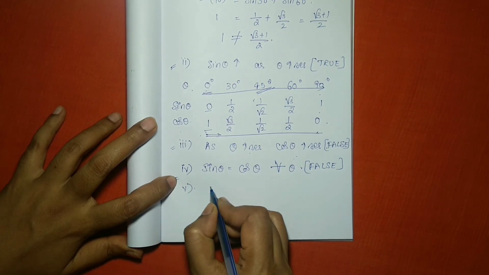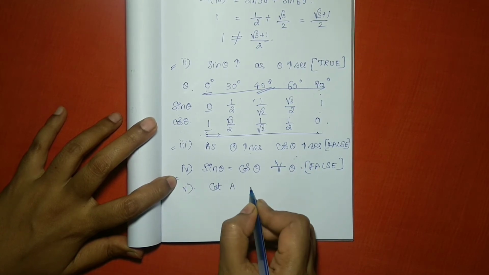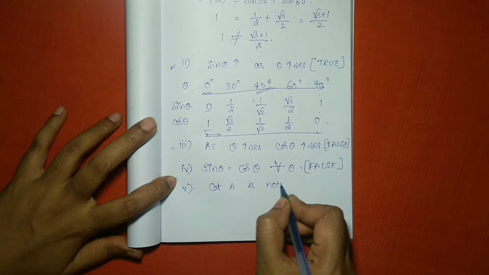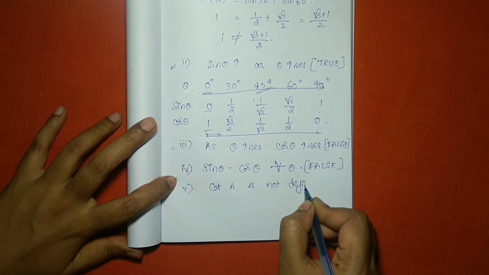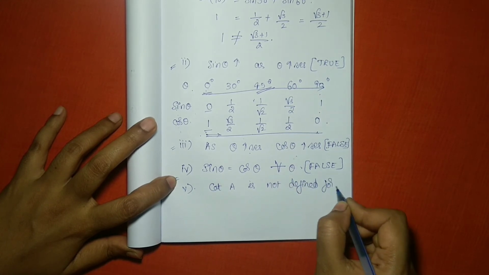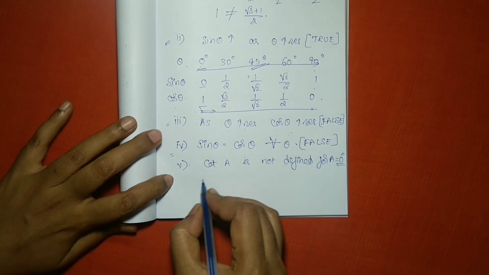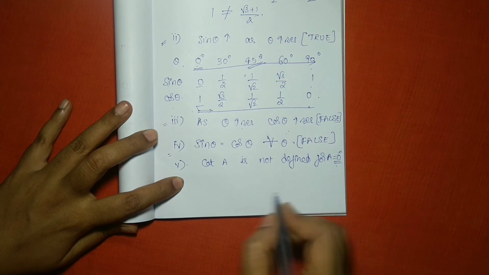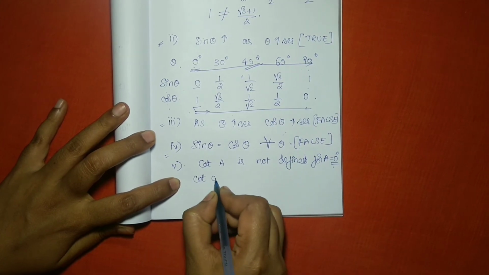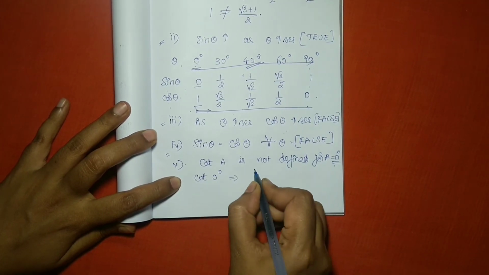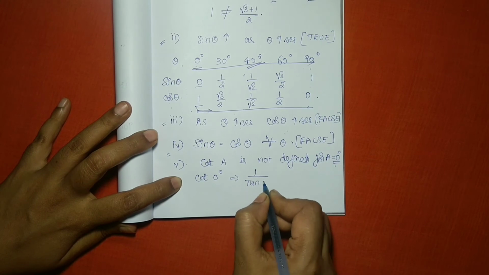Then fifth statement, cot A is not defined for A is equal to 0 degree. We'll see whether it is true or not. So cot A, when A is equal to 0 degree, means cot 0 degree they are asking. That is nothing but 1 by tan 0 degree.